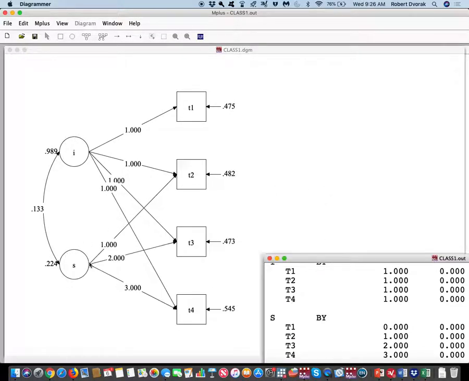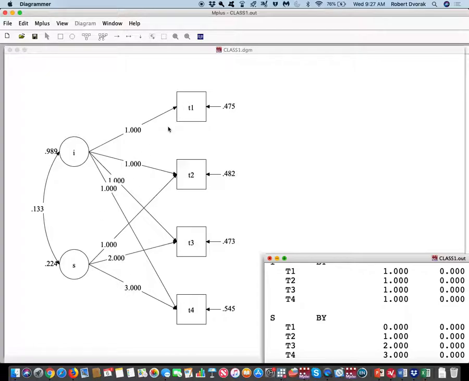M+ doesn't give us a line here that would be our 0 group. But if M+ did give us a line here, then this would be coded as 0. It doesn't give us a line because it's coded as 0. What is our intercept then? It's right here. All of these are coded as 1. These are coded as 1, 2, 3.